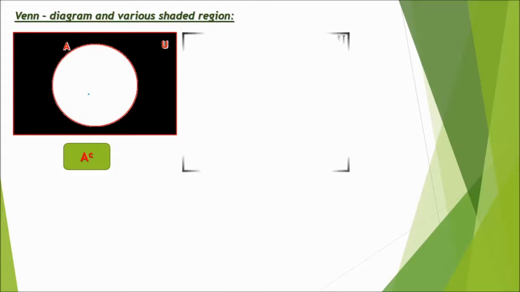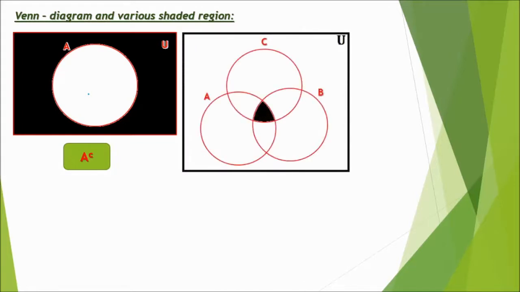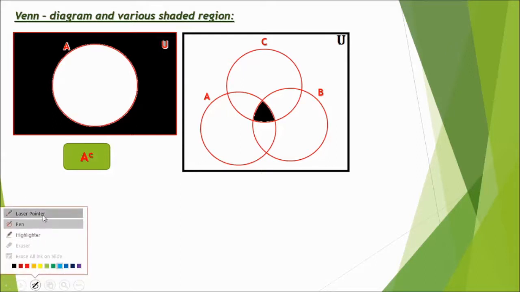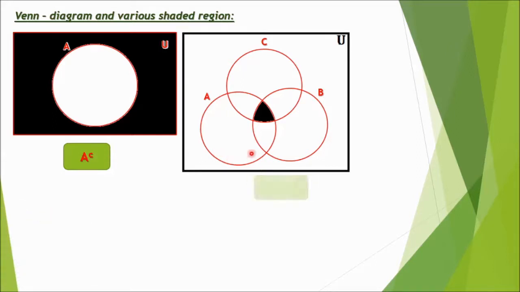And in the 3 set Venn diagram, if only this part is shaded, then its set notation is A intersection B intersection C.